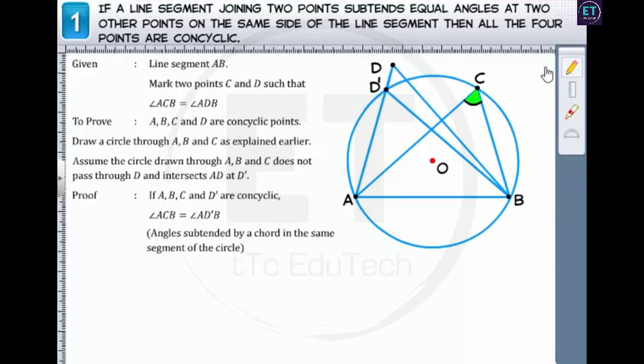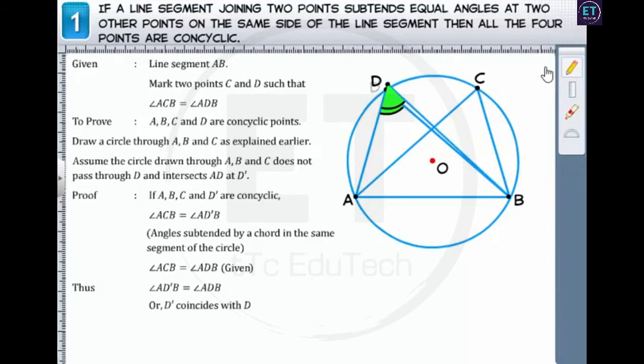But it is given that angle ACB is equal to angle ADB. Thus, angle AD'B is equal to angle ADB. This is possible only if D' coincides with D. What does this mean? This means that A, B, C and D are concyclic points. Thus the theorem is proved.